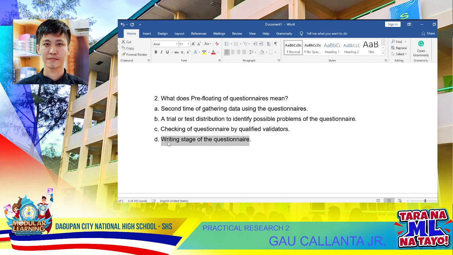What's the answer? Okay, the answer is letter B, a trial or test distribution to identify possible problems of the questionnaire. Checking of questionnaire is the validation stage, okay? Writing stage, second time of gathering data using questionnaire. So the answer when you say pre-floating is letter B, a trial or test distribution.